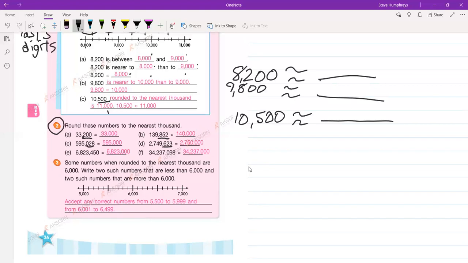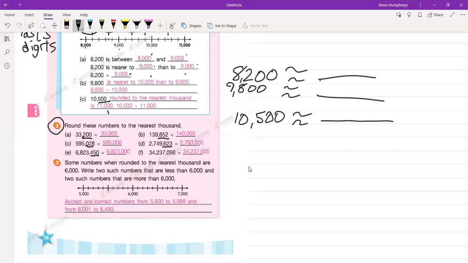E, 6,823,450. Look at your last 3 digits. Round the number to the nearest multiple of 1,000. It will be a 7-digit number. Okay.